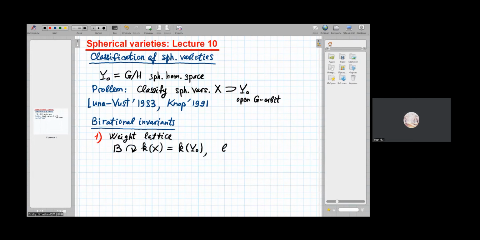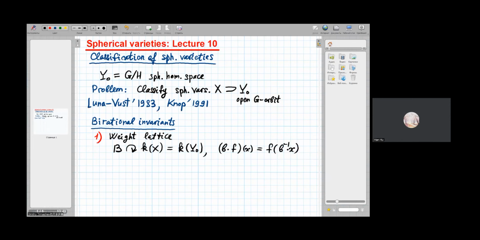So an element of B acts on a function f, we get a function whose value at the point x is f of b inverse applied to x. This is just the standard way how you get the action of a group on functions if you have the action of a group on the underlying set on which these functions are defined.